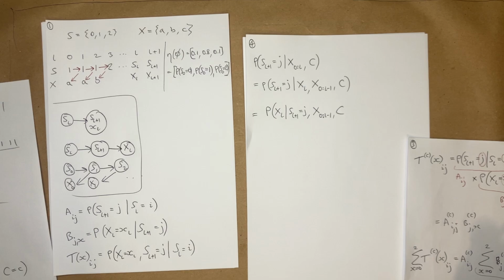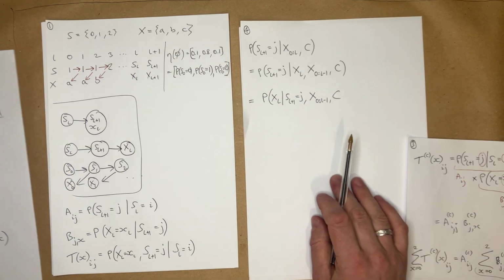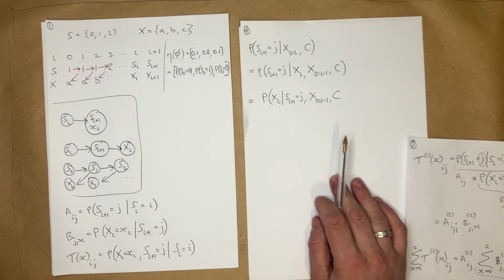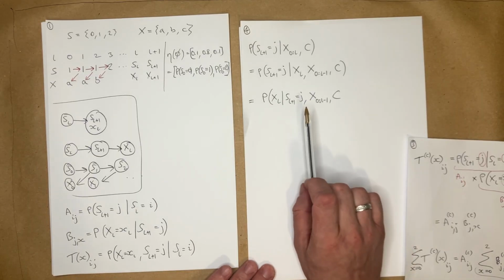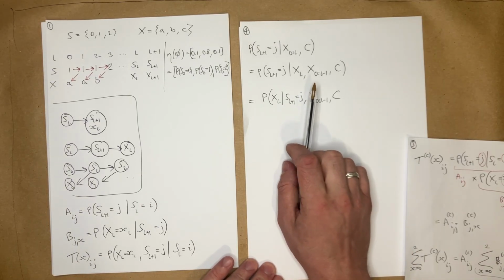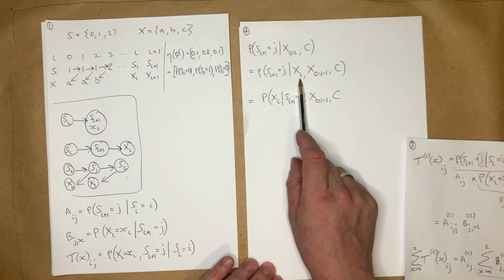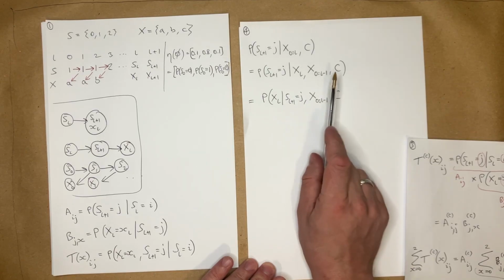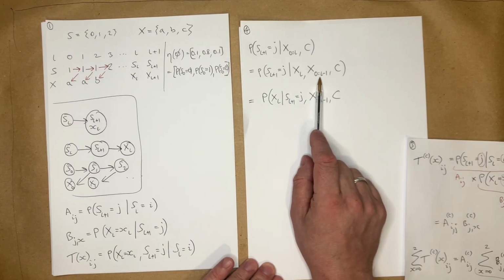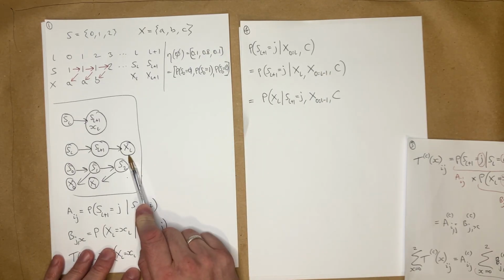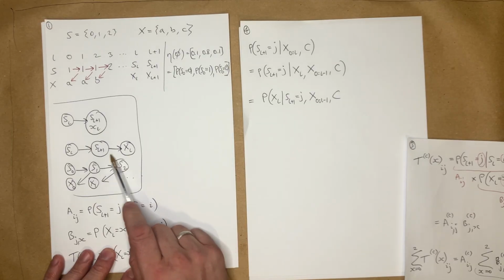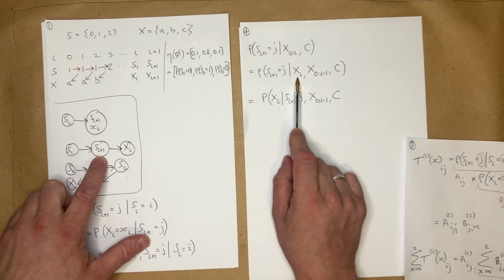Yeah, that makes sense. So I can separate out the dependence of x at stage L and the tokens that preceded it, because the token at stage L only depends on the hidden state at L plus 1.